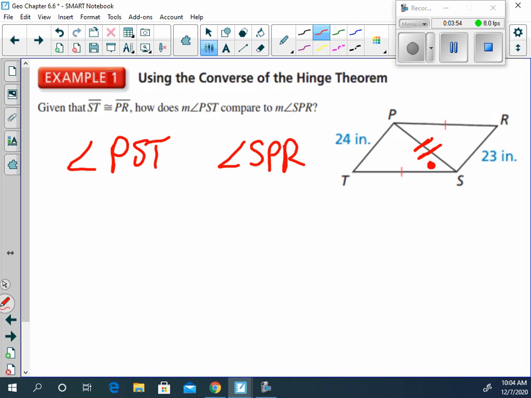So angle PST is greater than angle STR. That's it. Questions on this here?